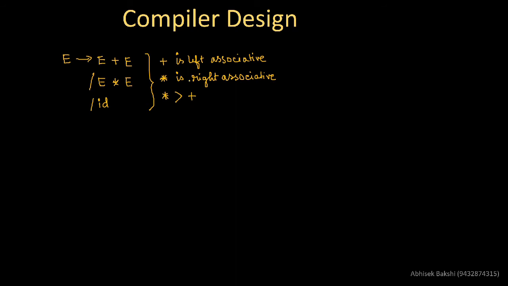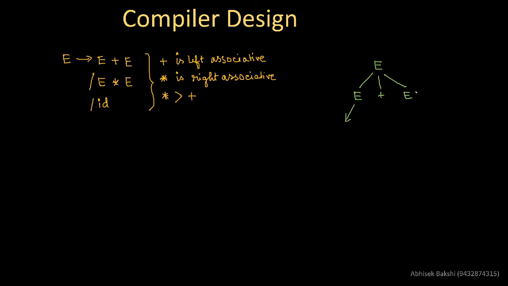So considering these three points in our mind, you see, since plus is left associative, what we have to do is, if we start from this E, and if we get a plus, somehow we have to use this E plus E. Then, since plus is left associative, if we have another plus, the other plus will grow in this direction, but not in the right direction, right?